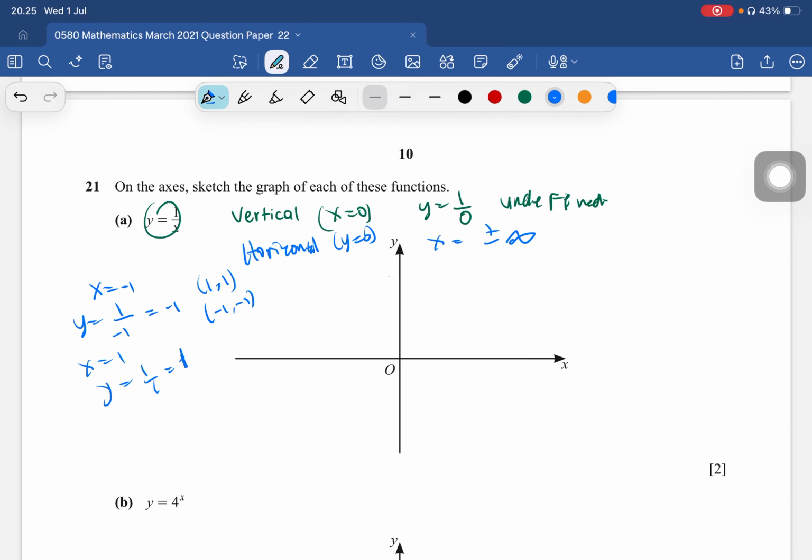So (1, 1), (-1, -1), and so on. And they are symmetric.